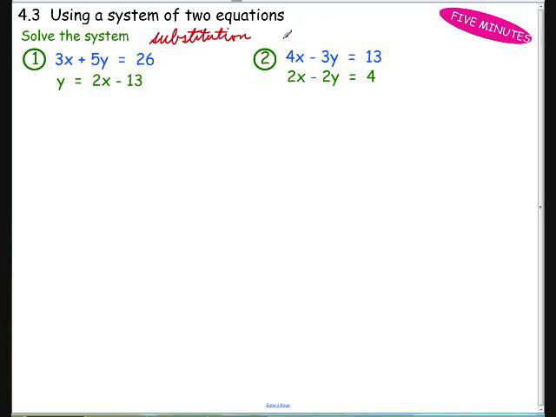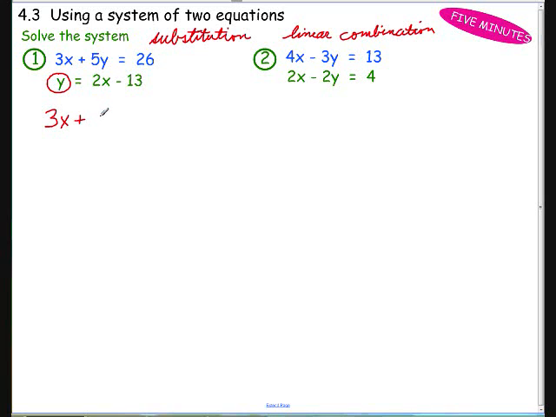Usually you can use either one of them. But what is a smart thing to do? Go with the one that will yield you your answer in the most direct way. Since this one already has y solved for, I'd propose that we use a substitution method.